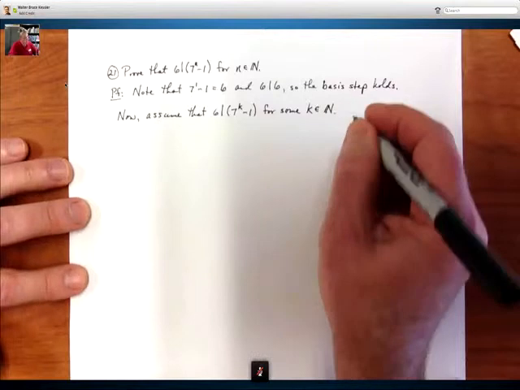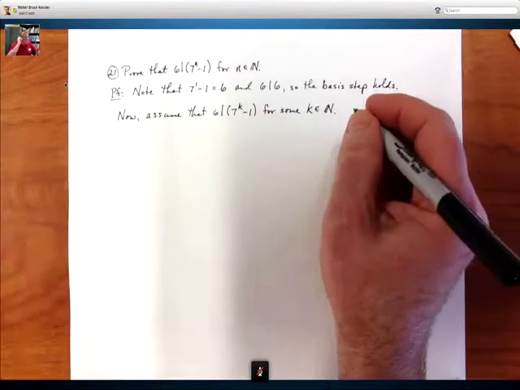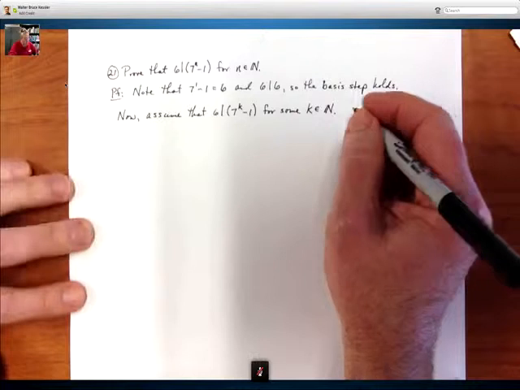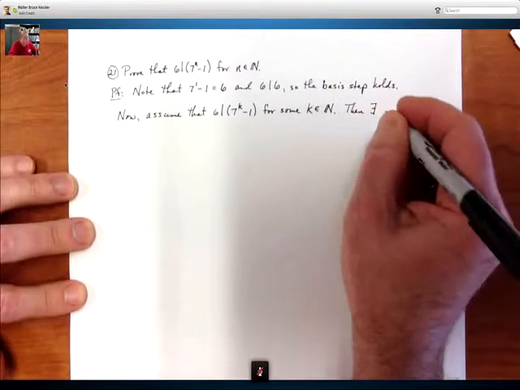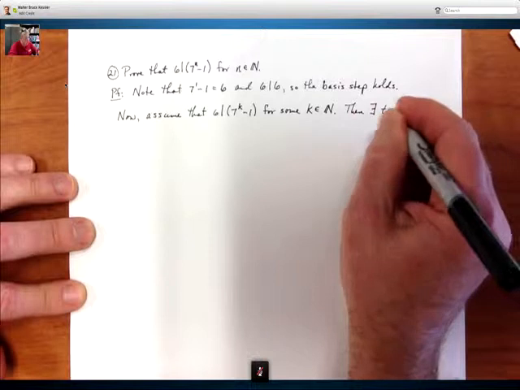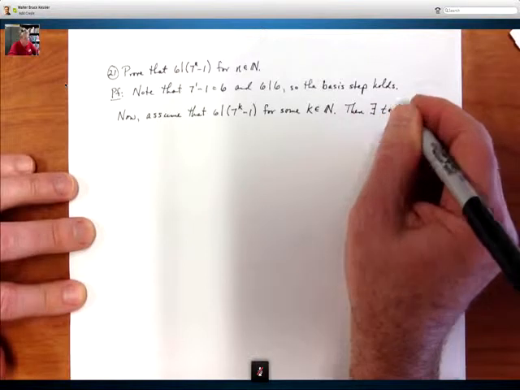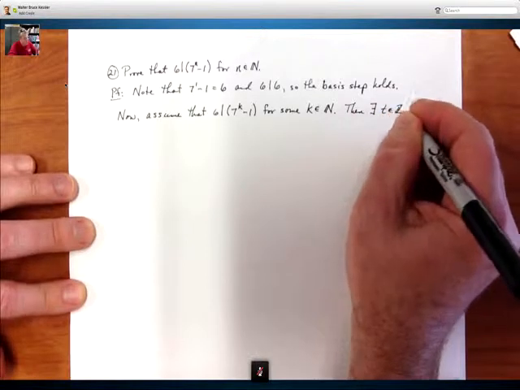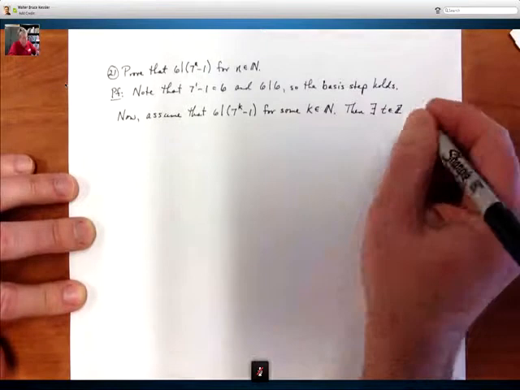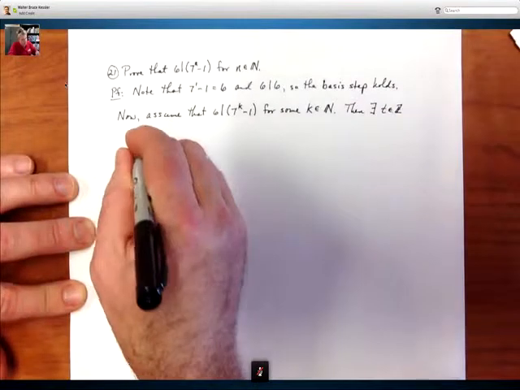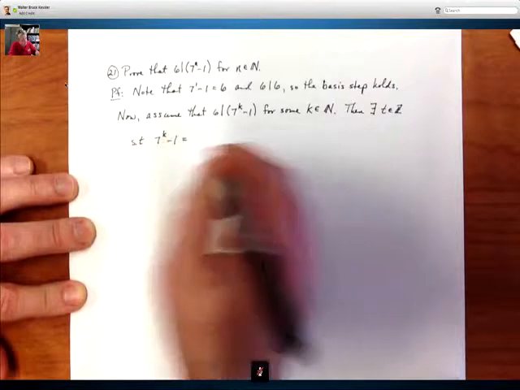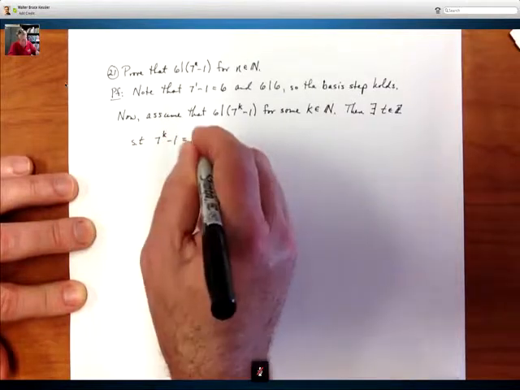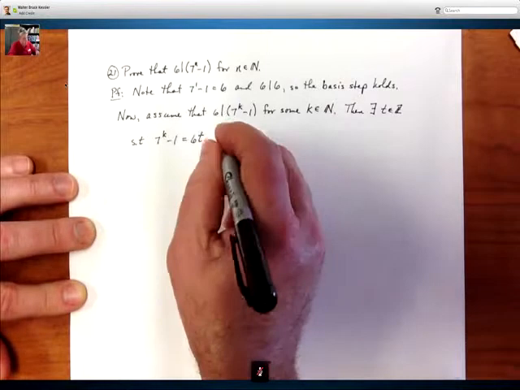And let's talk about what that means. Then there exists, you want to use t again? T, that is, technically it'd be a natural number, but that's fine, such that this 7 to the k minus 1 is equal to 6t.